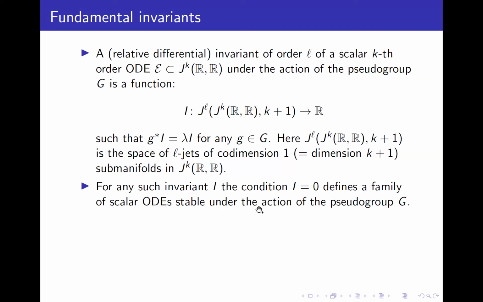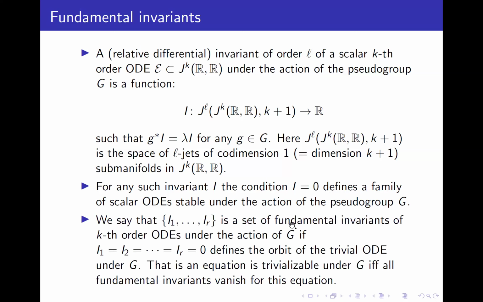And sometimes I will speak about fundamental invariants. And this is my goal, actually, to find these fundamental invariants. So we say that a certain family of such relative differential invariants is a fundamental family, or a family of fundamental invariants, if they distinguish the class of trivializable ODEs.